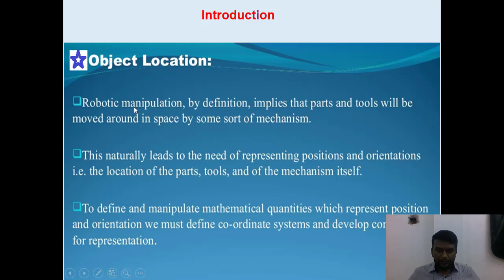First, we need to know the position and orientation of the end effector. To know this, first we define the object location. Object location is nothing but the position of a point in the coordinate system. To define the position of a point in a coordinate system, we need a coordinate system.